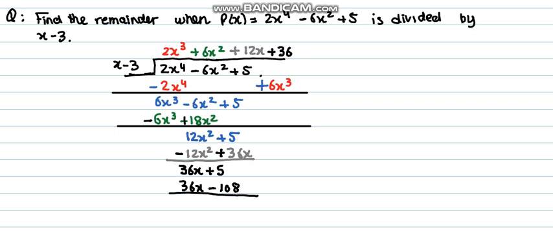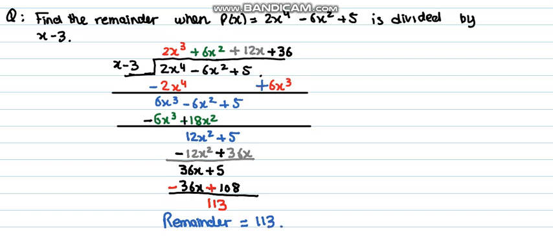So this would become negative, this would become positive. So this cancels out. 108 plus 5 is 113... 108 plus 1 plus 5 is 130. So we have our answer. We need to find the remainder. So the remainder is 130.